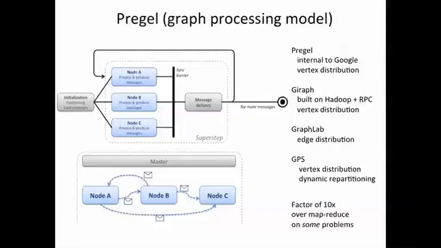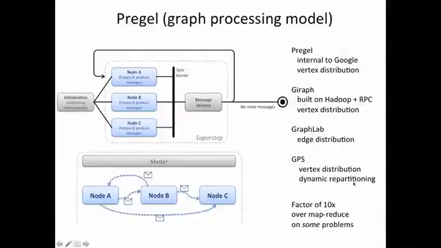There are different implementations. Pregel itself is internal to Google, as we mentioned just a minute ago. Giraffe is an open source implementation of the Pregel model built on top of Hadoop, but there are essentially only mappers and no reducers, and all the message passing communication happens through remote procedure calls. Like Pregel itself, Giraffe distributes vertices across nodes.